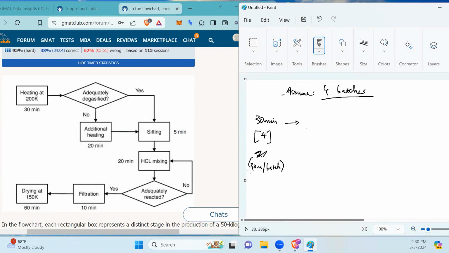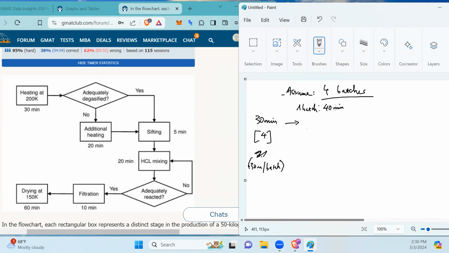And the second step, some batches require additional heating, some don't. So what was the portion? 1/4. So one batch needs an additional 20 minutes.